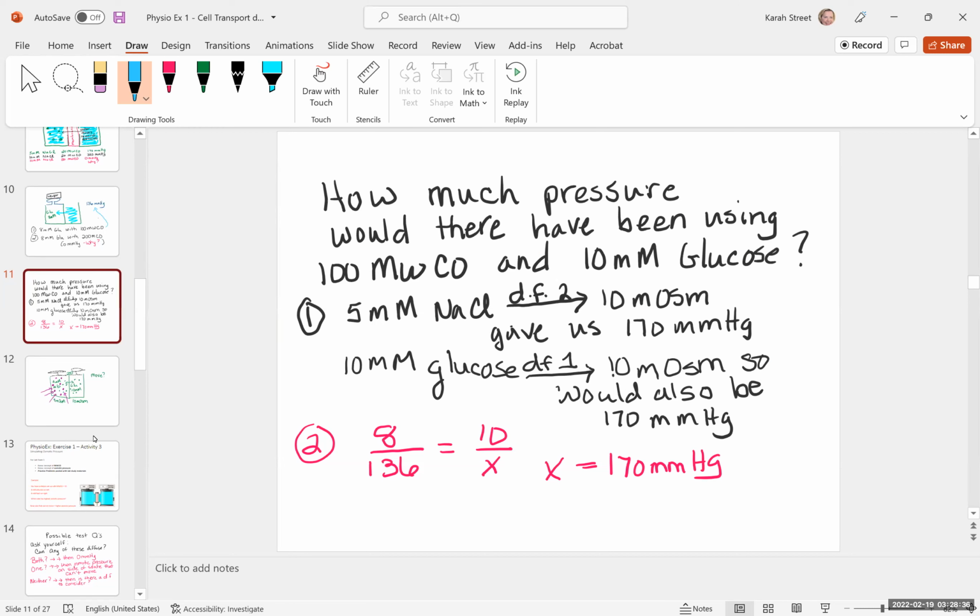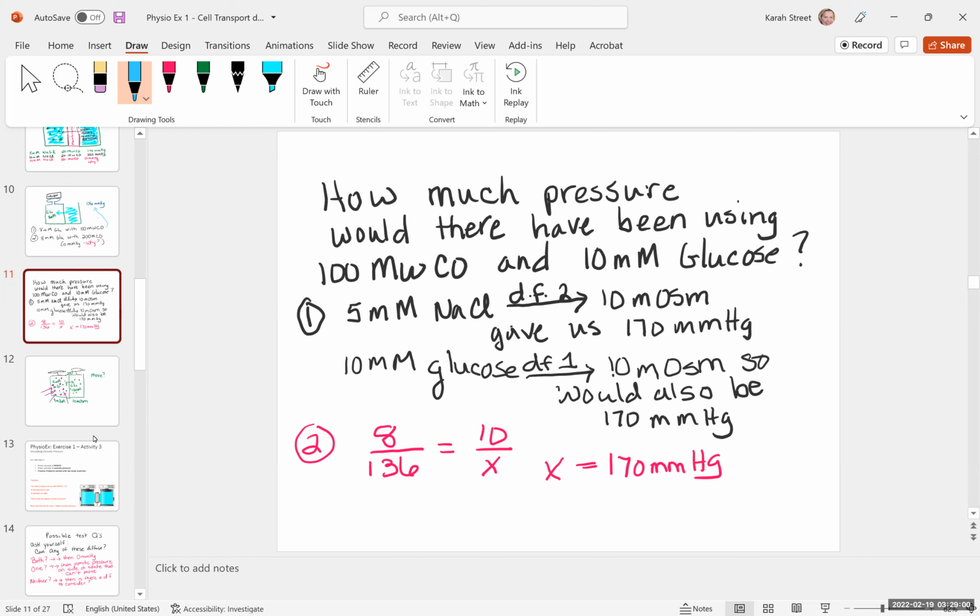Well, my challenge question to you is, what would have been the osmotic pressure if we could use 10 millimolar glucose and used a 100 molecular weight cutoff? We recognize glucose would not be able to move.